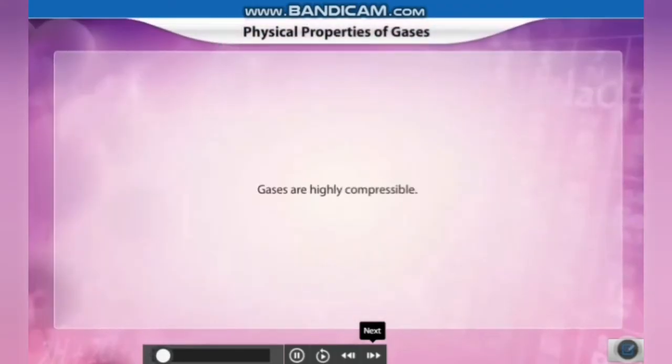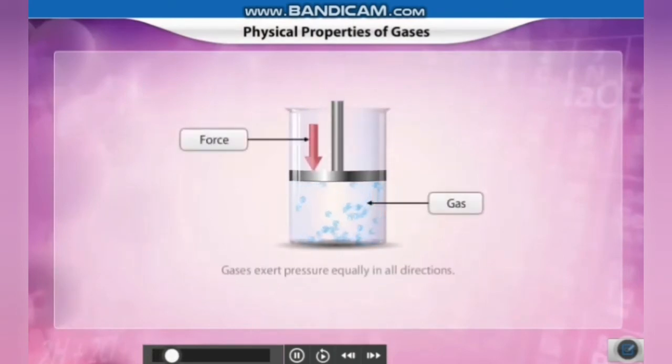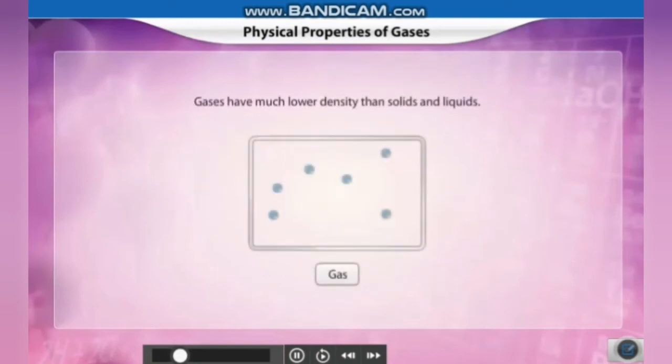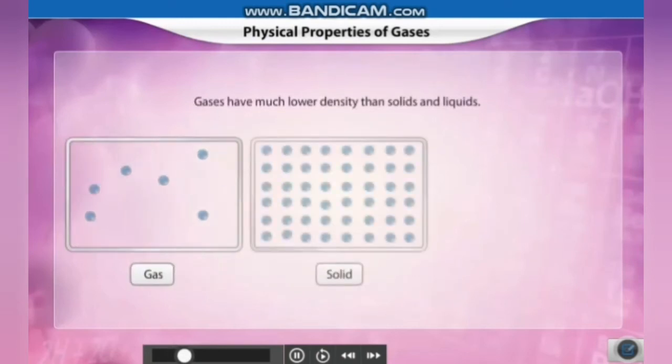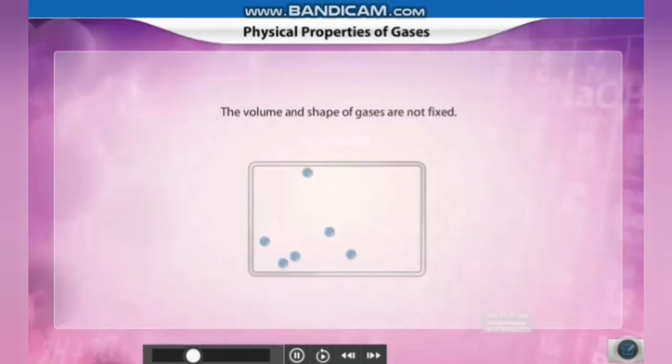Gas laws. Some of the physical properties of gases are: highly compressible. Gases exert pressure equally in all directions. They have much lower density than solids and liquids. The volume and shape of gases are not fixed.